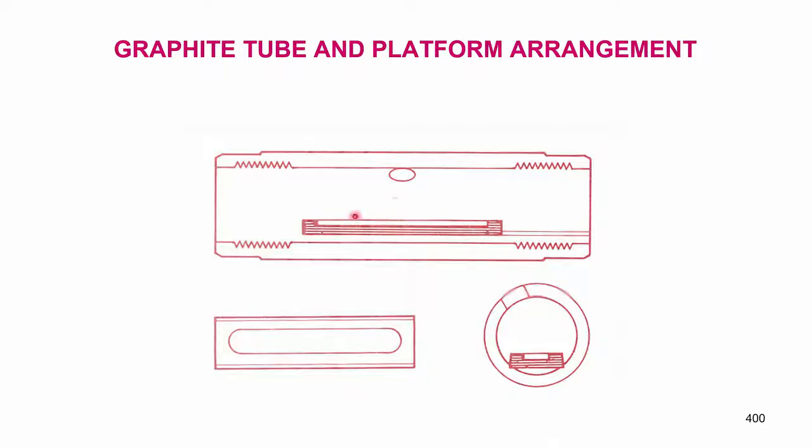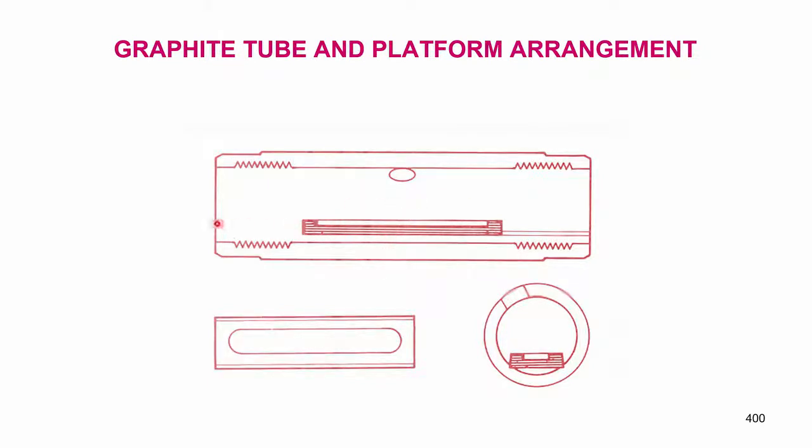Another improvement in the graphite furnace is that they put a platform inside the tube. You take the round tube, make a groove, and insert a small graphite plate inside, so that the plate does not touch the bottom, it touches only the sides, and it is almost hanging in between.